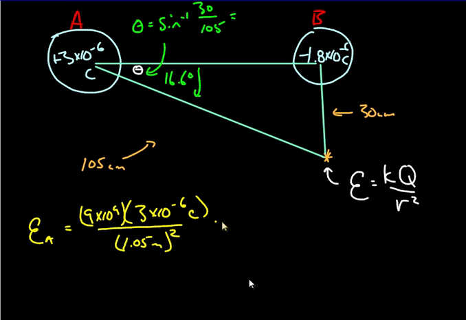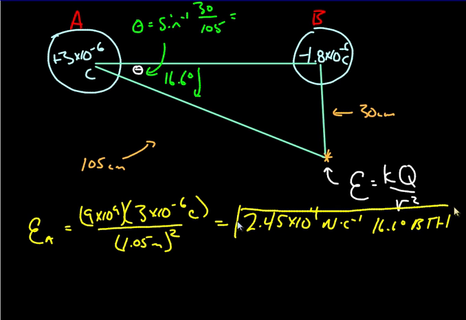Make sure you do those conversions. And we'll get 2.45 times 10 to the 4 newtons per Coulomb. And that's 16.6 degrees below horizon. So we'll need that later.